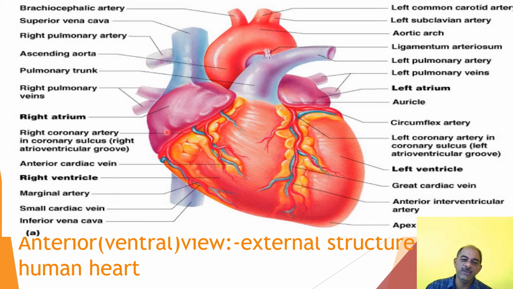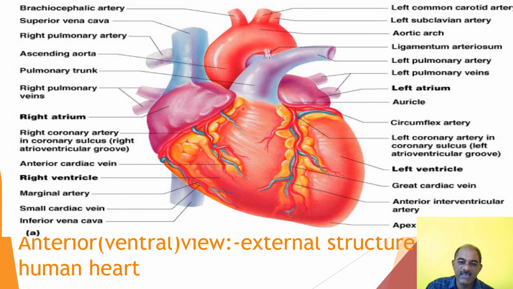Again, in this ventral view, two auricles and two ventricles are seen. The pulmonary and systemic arch is also present in between two auricles. One is the pulmonary arch and another is the systemic arch, present in this ventral view of the heart.